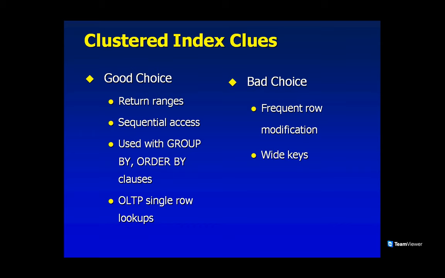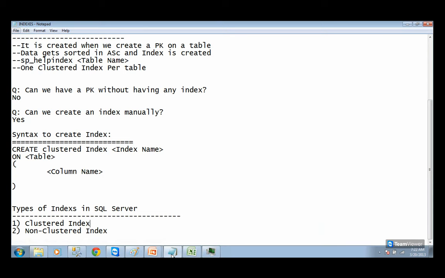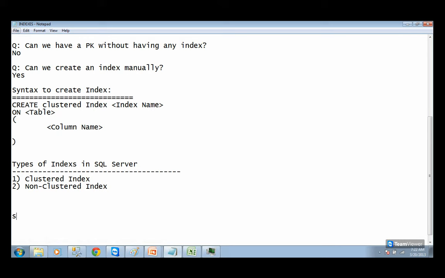Okay. So there is an interview question: when do we have to go in for a clustered index? Then you have to say when you want to retrieve a range of values. For example, when you want to retrieve with a query like this: SELECT * FROM employee WHERE employee ID greater than or equal to 1,000.